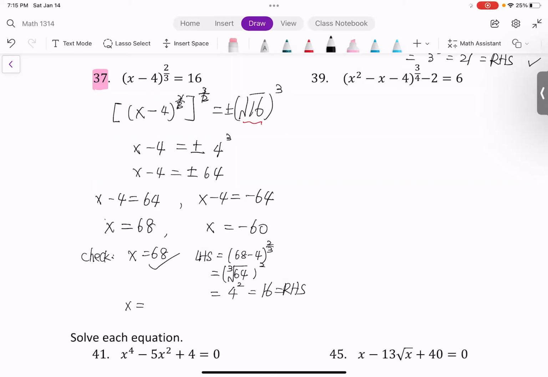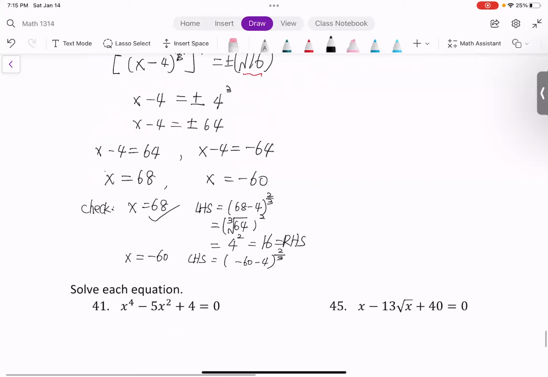How about x equals negative 60? So the left-hand side equals negative 60 minus 4 to the power 2/3. We need some more space here. So inside we have negative 64. We square it and cube root it. So first we can cube root it. Cube root of negative 64, then square it.